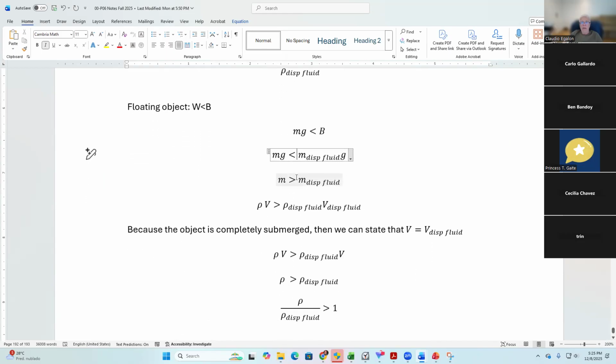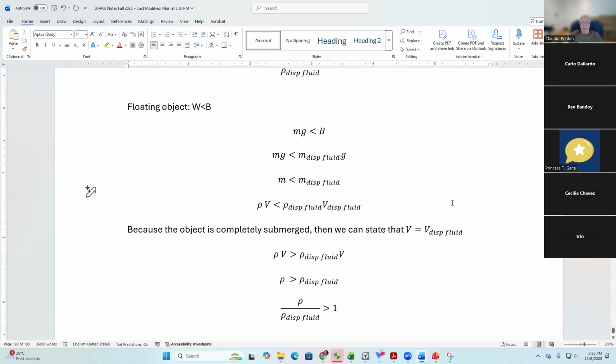G cancels out with G just like before. It's just that the sign here must be less. Mass can be written in terms of the density times the volume. On the left side is the density of the object times the volume of the object. On the right side is the density of the displaced fluid times the volume of the displaced fluid.